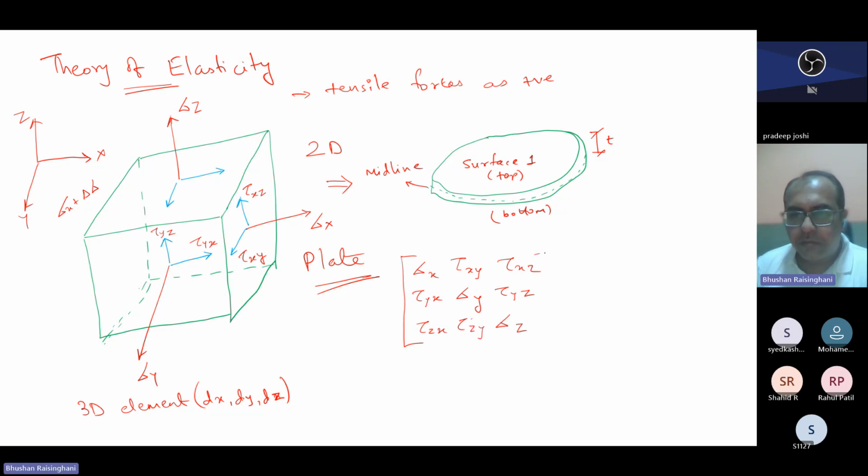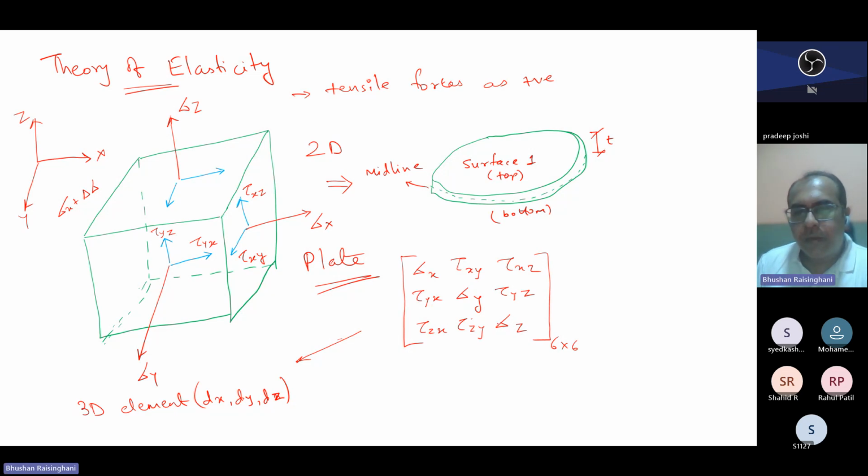So this nomenclature should be clear to you, in which direction the forces are getting added, and how you will generate this 6 by 6 matrix which is representing this 3D element which is having the size dx, dy and dz.